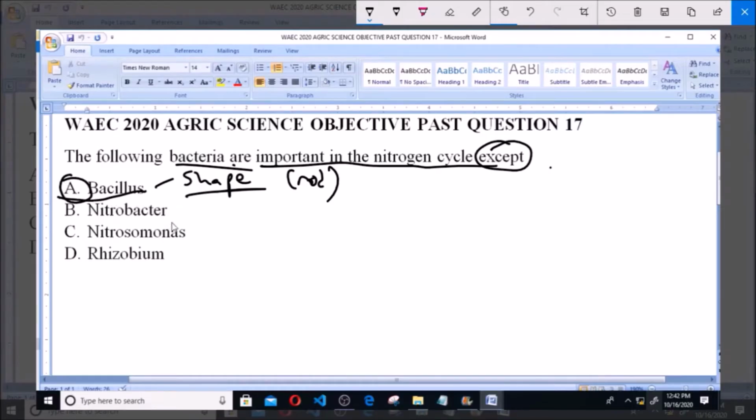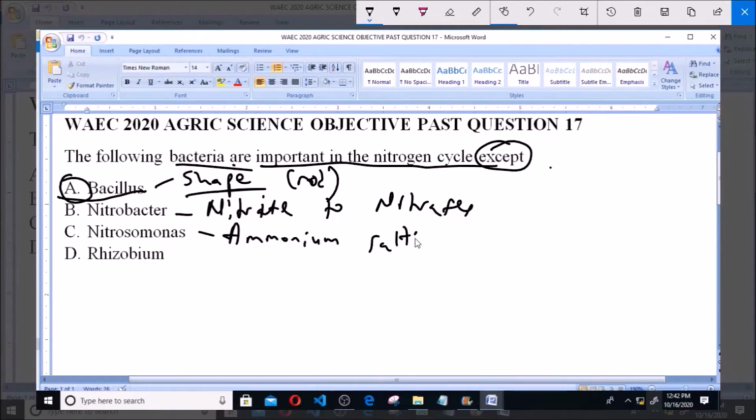Now let's show how important the others are in terms of their importance to the cycle. Now option B says Nitrobacter. That is the bacteria that converts nitrite to nitrate. Option C says Nitrosomonas, and this converts ammonium salts to nitrite.